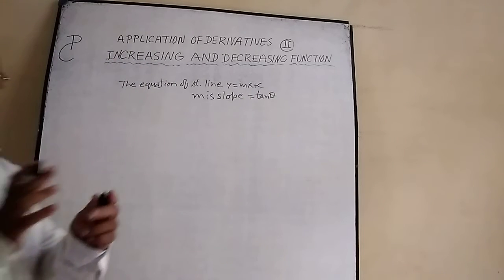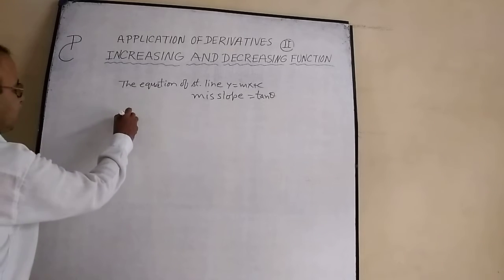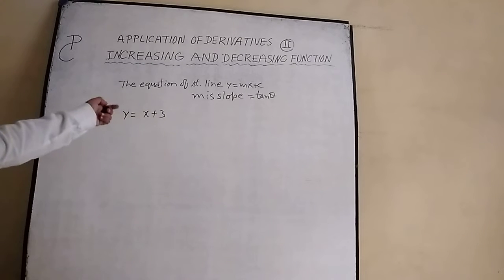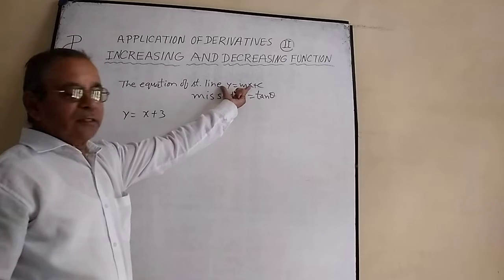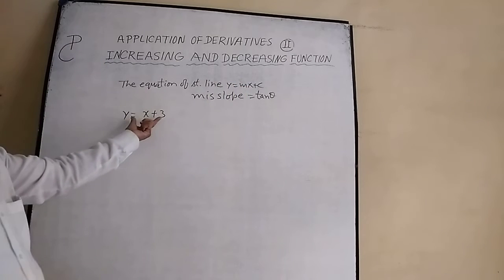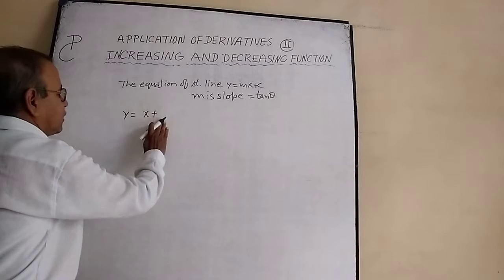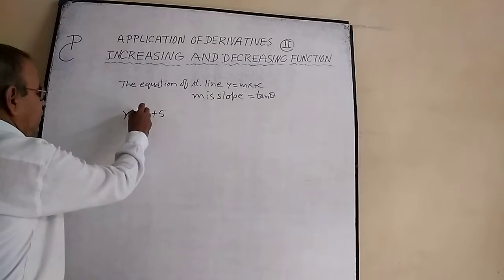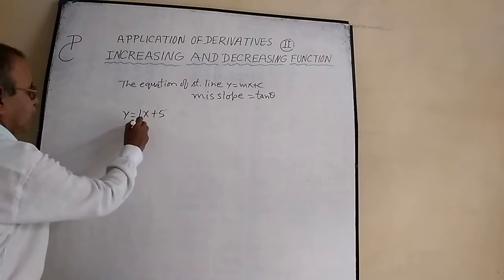I consider two equations of curves. y is equal to x plus 3. When I compare this with y is equal to mx plus c, you can take any constant term, even 5, there is no problem because that's the value of c. So this is x, and this is m.